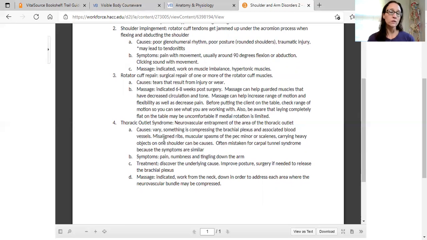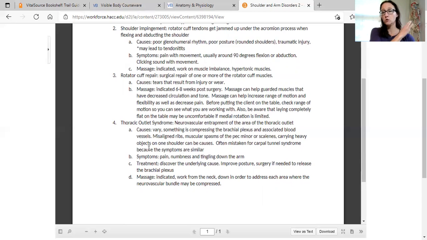Causes vary. Of course, causes vary because anywhere along there you can have a muscle or muscles compressing that neurovascular bundle, or you can have misaligned ribs, like a rib out of place, which hurts in and of itself. You can have muscular spasms of the pec minor or scalenes, which we'll get to in another unit.